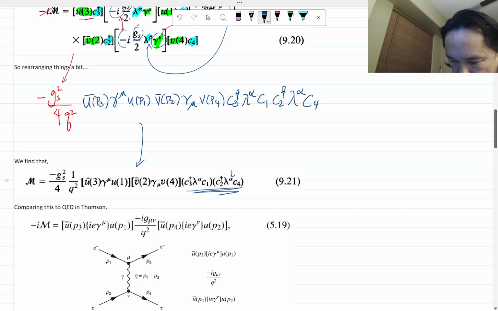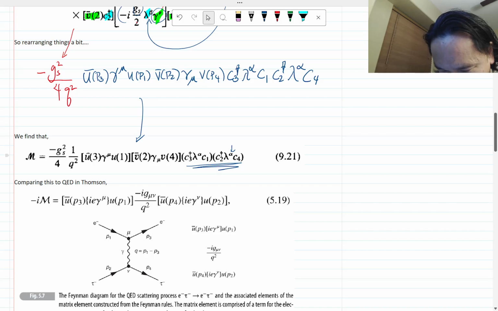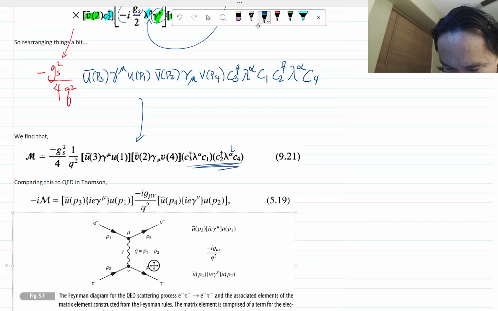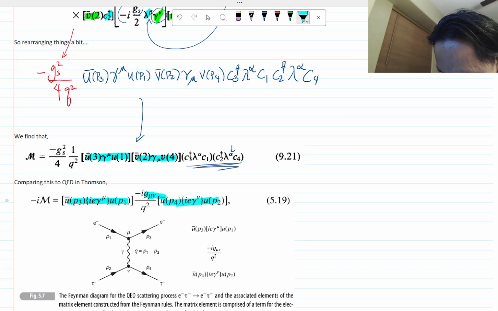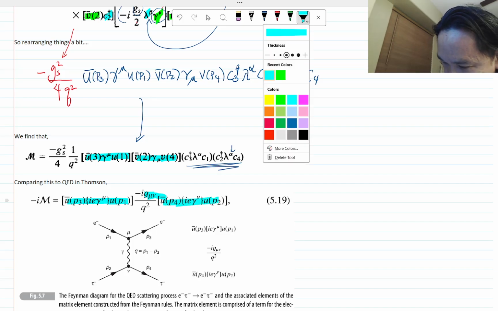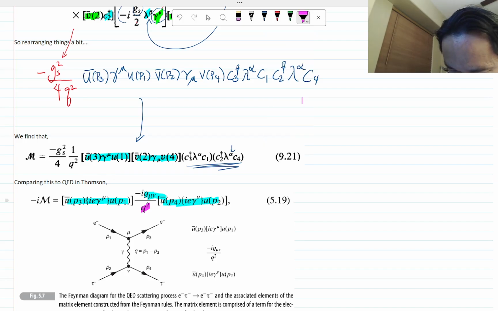What we see from Thomson is that when you calculate the matrix elements for, let's say, electron and tau scattering off each other, same looking process, but instead of quarks you have charged leptons, this piece here is exactly the same as this piece here. This piece here is exactly the same with this G mu nu. So all the spinor stuff is the same. You even have this Q squared stuff on the bottom. The electron charge works as the coupling constant.